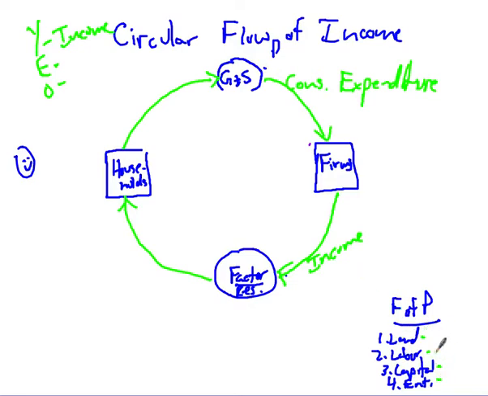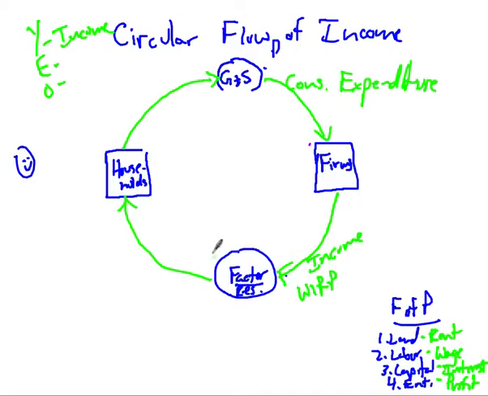The factor payment for labor is, as you know, called a wage. The factor payment for land is called rent. The factor payment for capital is called interest, and for entrepreneurship, they get the profit. One way to abbreviate that is WIRP. So this is how the money flows from the firms to the households.